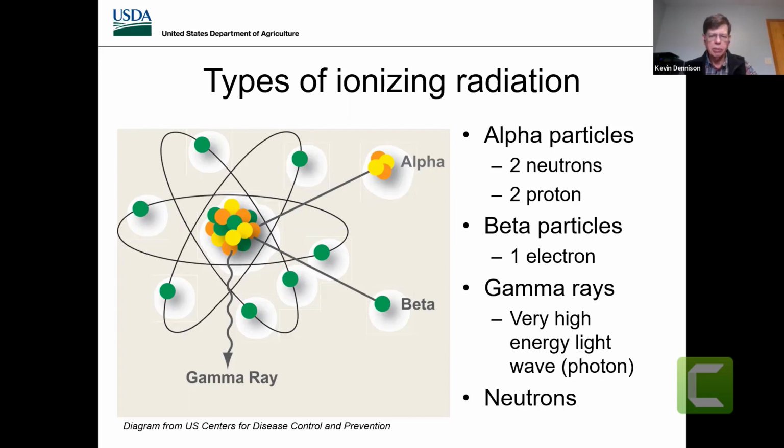The other one is the beta particles, which are basically an electron that can be ejected from an atom during radiation decay. Once in a while, you'll hear reference to neutron radiation, but neutrons are kind of like alpha particles. They don't go that far.